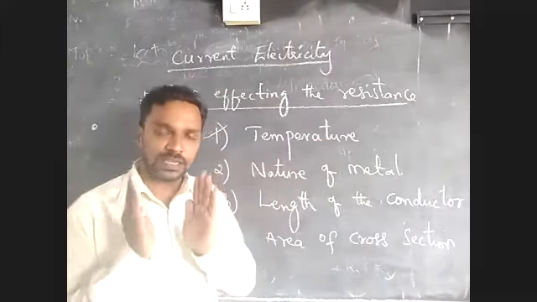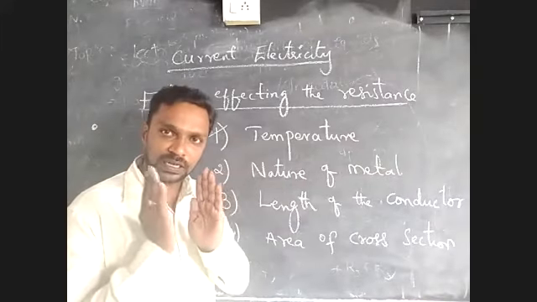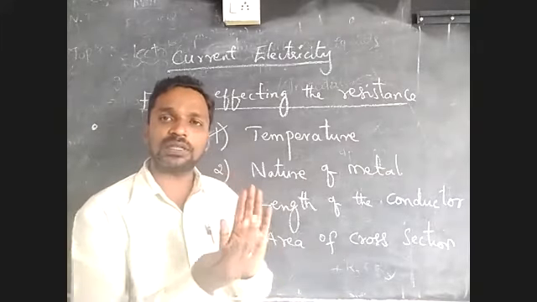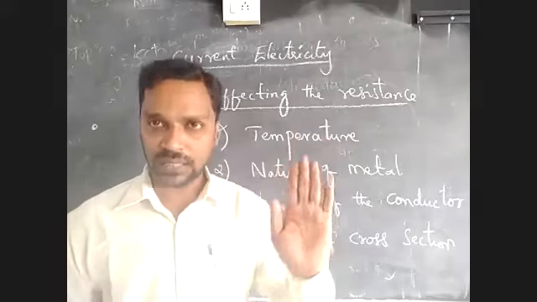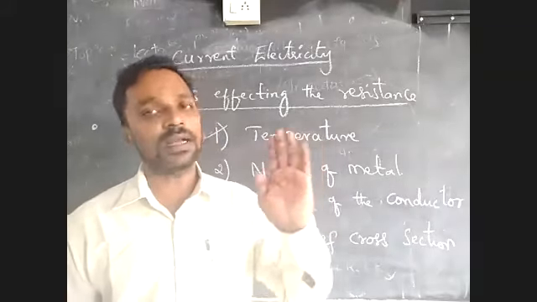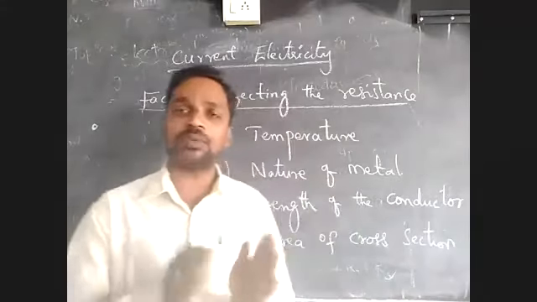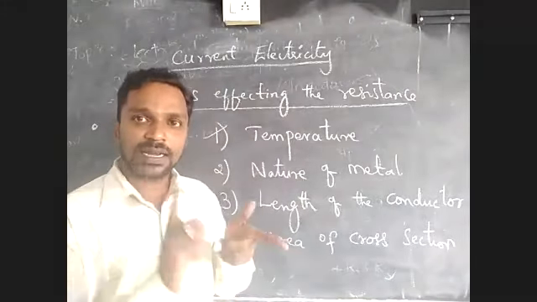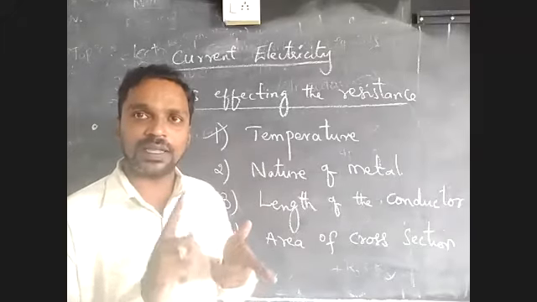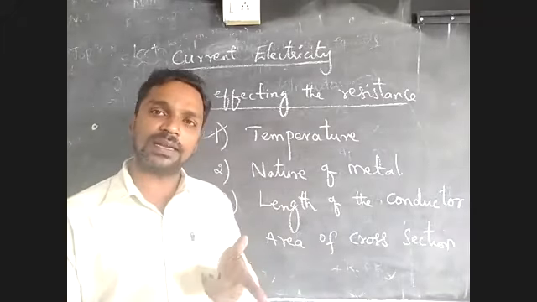As long as the current is flowing, there will be opposition to the flow of charges or electrons in the conductor. Because of that, heat is produced. Here the electrical energy is converted into heat energy. When there is heat, there will be temperature.